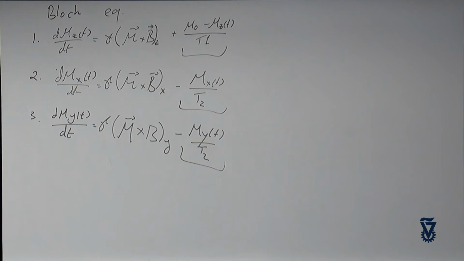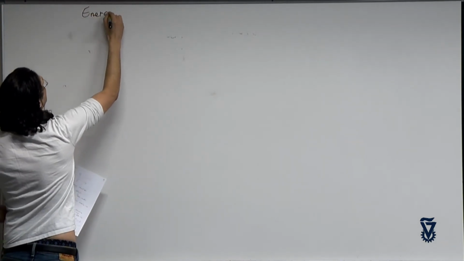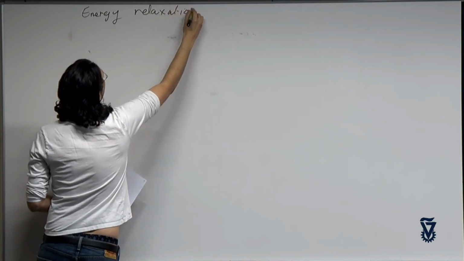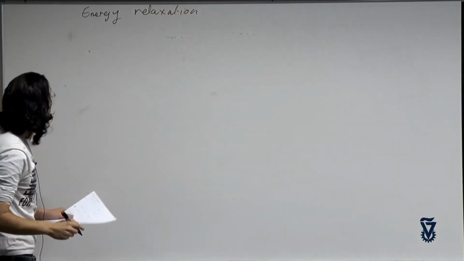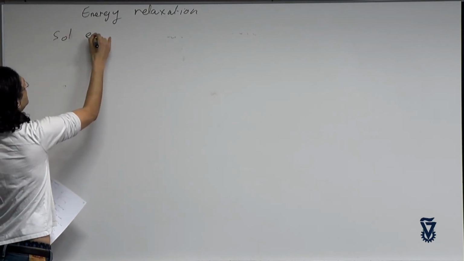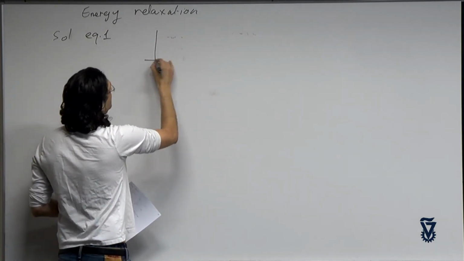So I want to discuss a little bit about energy relaxation, to understand the source of it and why it happens. And then dephasing. Okay, so energy relaxation. And like we said, if we solve equation 1, then you will get the following solution.